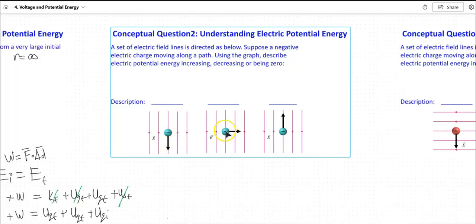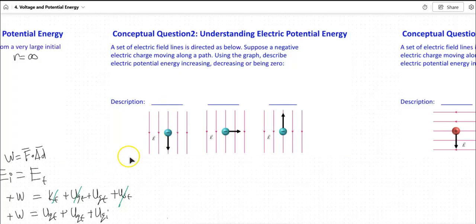This electron is moving to the right while the electric field is pointing down, and this electron is moving upwards. So your job is to decide whether the electric potential energy is increasing, decreasing, or is 0. So try this out, pause the video.